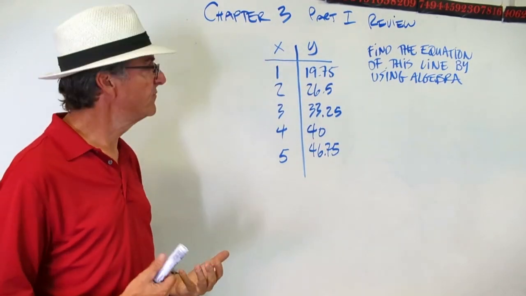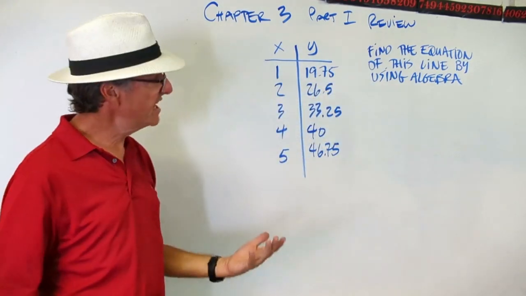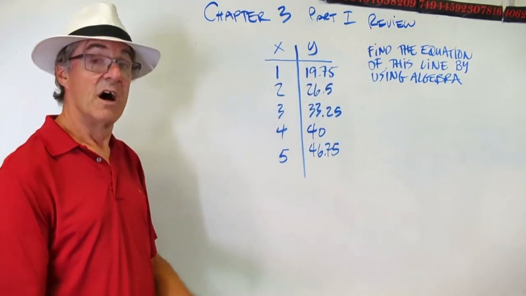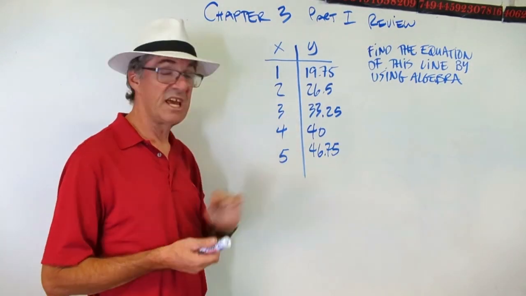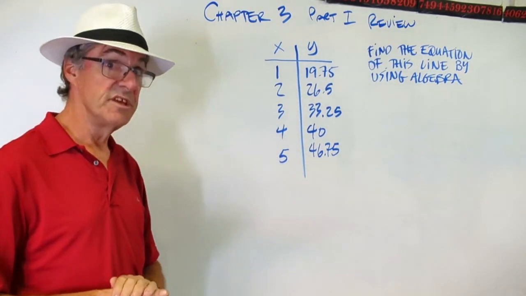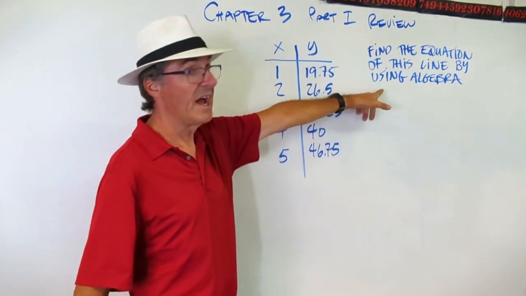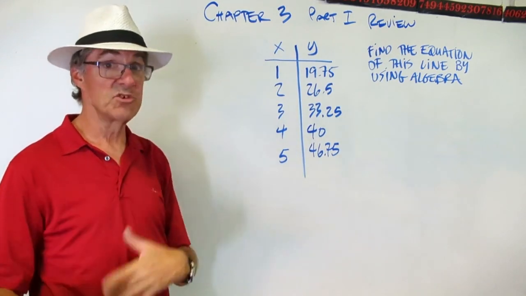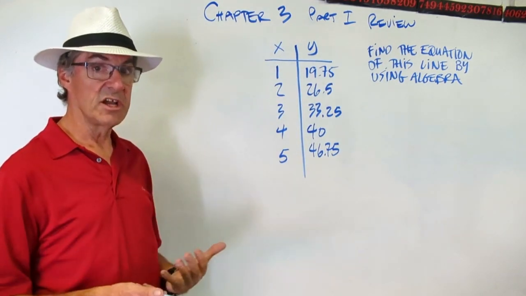So here is the prompt for this one. Find the equation of this line, and I say there by using algebra. I am aware that your graphing display calculator, you can just put this table in there and it will give you the equation of that line. But if you're doing a test question that says by using algebra and you can't show algebraic steps, you're not going to get points for that question. So let's take a look at that.